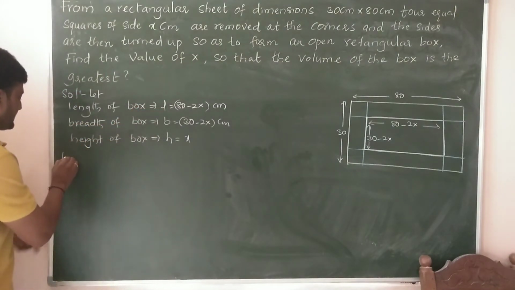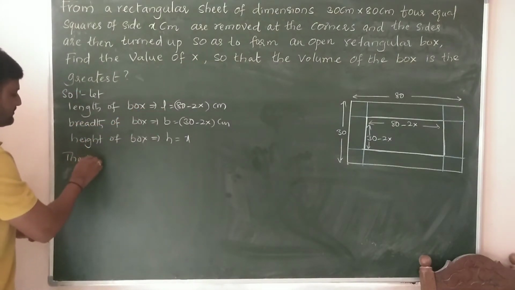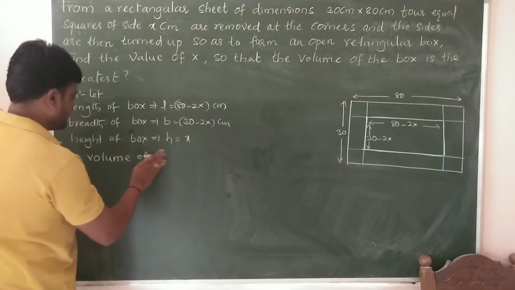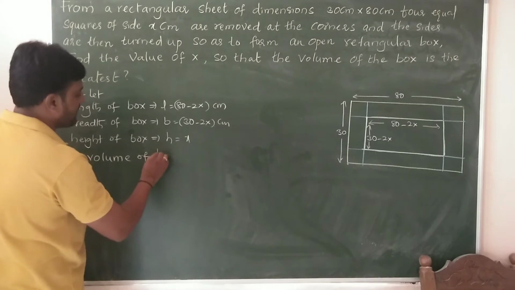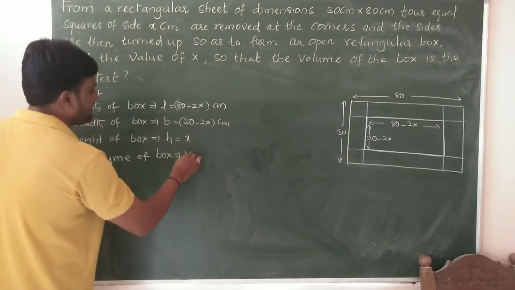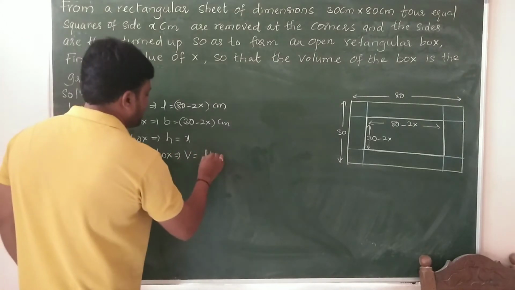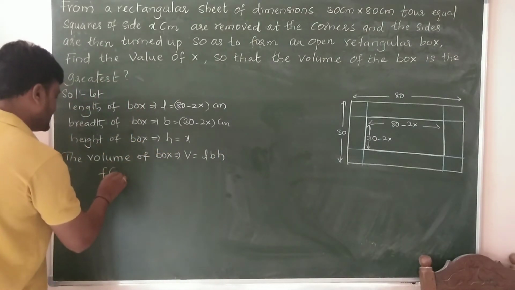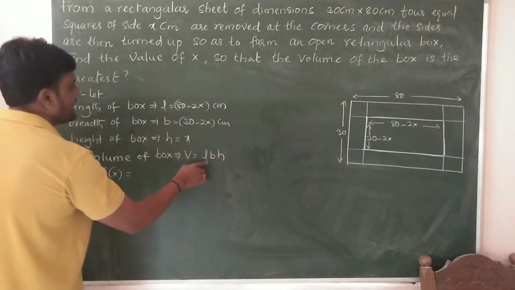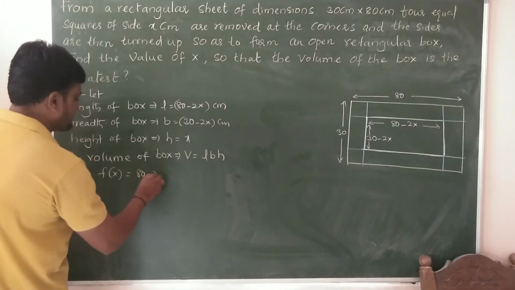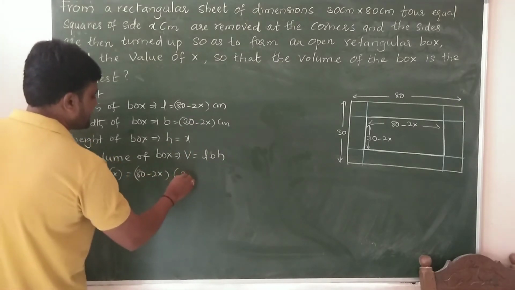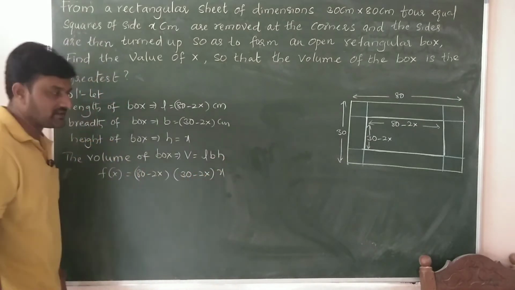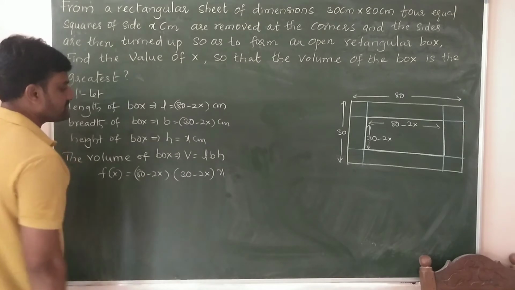The volume of the box should be V equals L times B times H. V is a function of x, so f of x equals (80 minus 2x)(30 minus 2x)(x), where h is x centimeters.